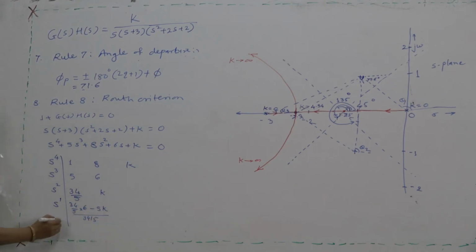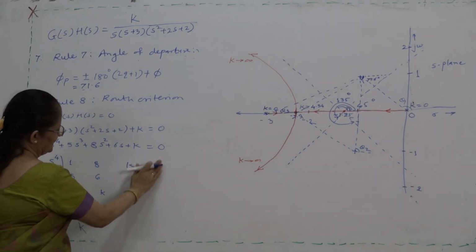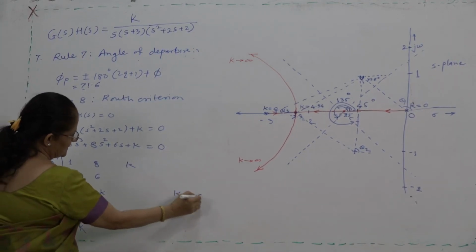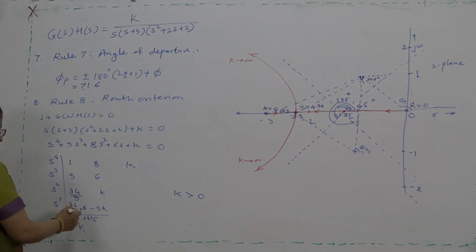The next row will be 34 divided by 5, and here 5K by 5, so it will be K. Now, s raised to 1, find it: 34 by 5 into 6 minus 5K, upon 34 by 5. And what will s raised to 0 be? s raised to 0 will be K.